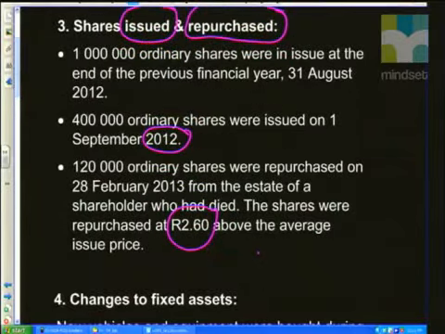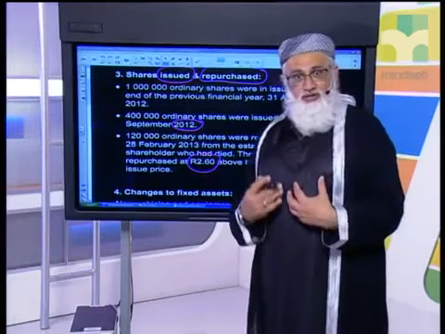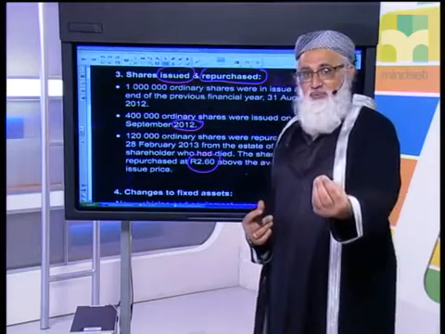Now, my information tells me that these shares that were repurchased, the 120,000 shares, were repurchased on the 28th of February from the estate of a shareholder who had died. The shares were repurchased at 2 Rand 60 above the average price. Have we calculated the average price? Certainly we have.